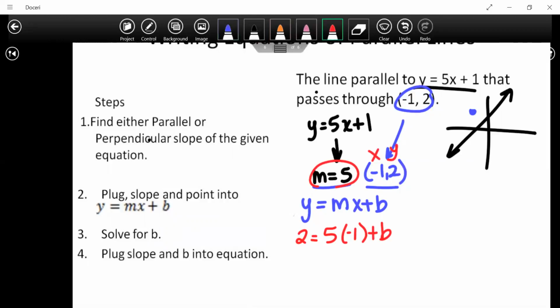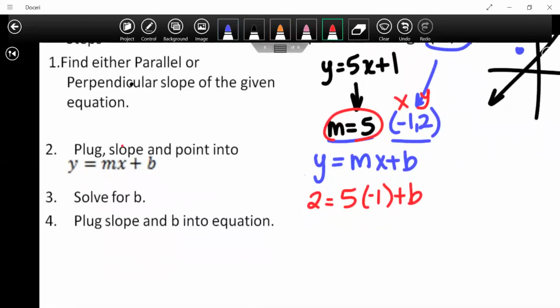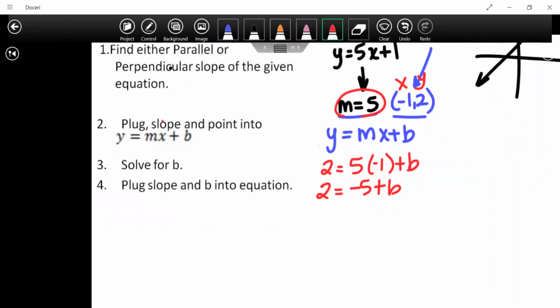We're trying to find another equation that is parallel to that line using that point. So what is 5 times -1? -5, thank you. Adding 5 to both sides, we get 7 is equal to b.